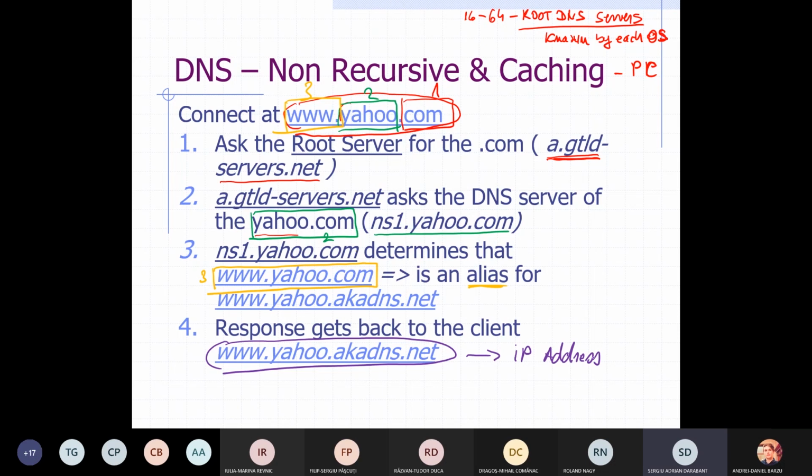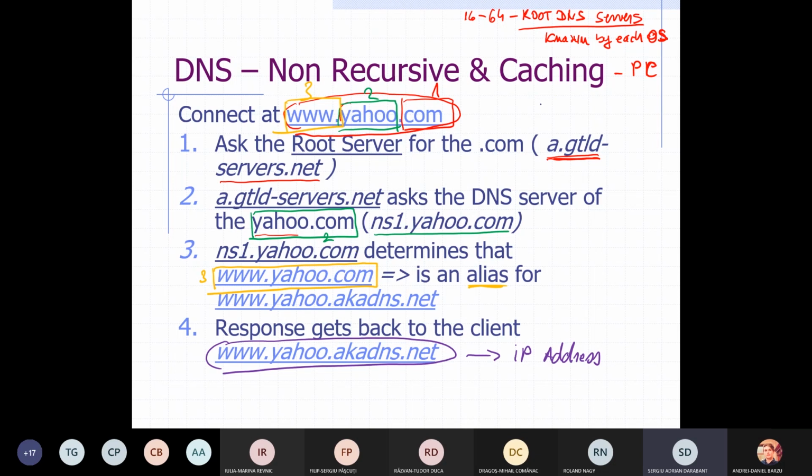This is how involved the process is, because we need to traverse that hierarchy of DNS servers. You need to ask a root DNS server about the top level domain. Then you need to ask that top level domain DNS server about the domain name, and then the subdomain, and then the machine name. And then you'll eventually find the information.